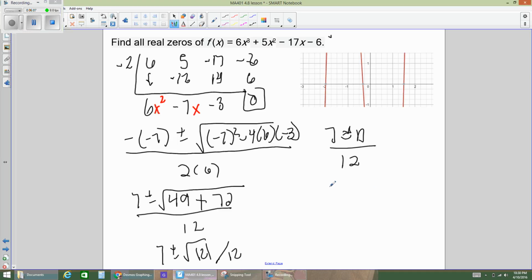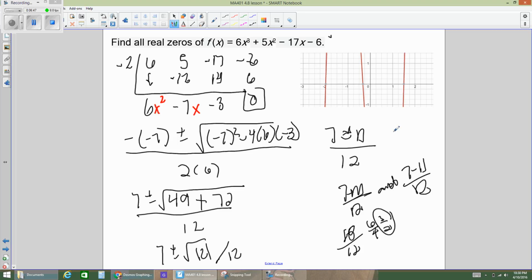So 7 plus 11 over 12, and 7 minus 11 over 12. 7 plus 11 is 18. 18 over 12 reduces by what? 2 for sure. 3, yep, 3. So that is 6 over 4. Ooh, it reduces again by 2. Oh, of course, because 6 can go in there. So I've got 3 halves.